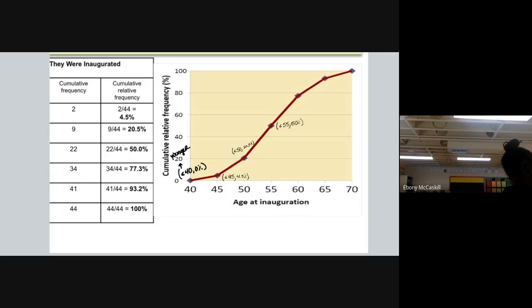Your professors get lonely, so when you start talking to them, they get excited. Less than 60, there was 77% of them that were less than 60. People who are less than 65, about 93.2%. Lastly, everyone who was under the age of 70, 100%.